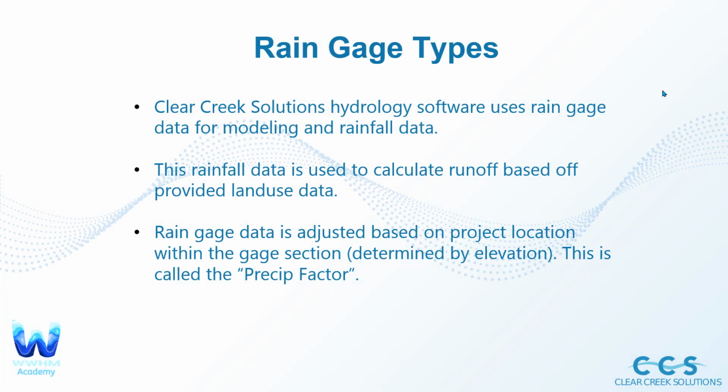The Clear Creek Solutions hydrology software uses rain gauge data for the modeling and rainfall data, and this rainfall data is used to calculate runoff based off the provided land use area. Whatever the area, 3, 4, 5, 6 acres, doesn't matter, it's going to tell us what kind of runoff we're going to have. Then the rain gauge data is adjusted based on project location within the gauge section, determined by the elevation. This is called the precip factor.